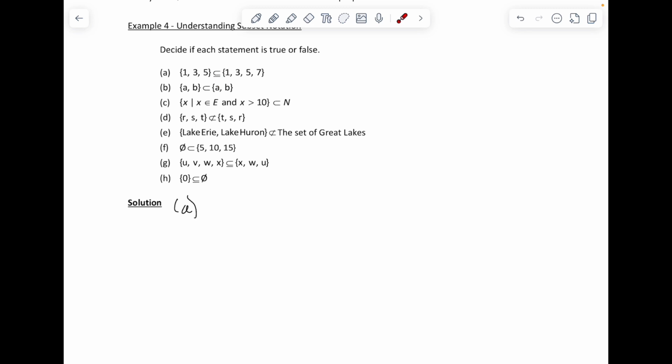This is the symbol that means subset. So it's saying 1, 3, 5 is a subset of the set 1, 3, 5, 7. So we have to ask, are all the elements in this set also in this set? It looks like they are, right? This set contains 1, 3, 5. This set also contains 1, 3, 5, right? So all of the elements in this set are also in this set, so it is a subset, right? This set is a subset of that set. So the statement is true.